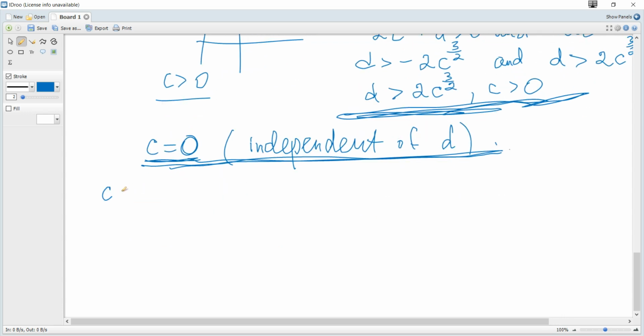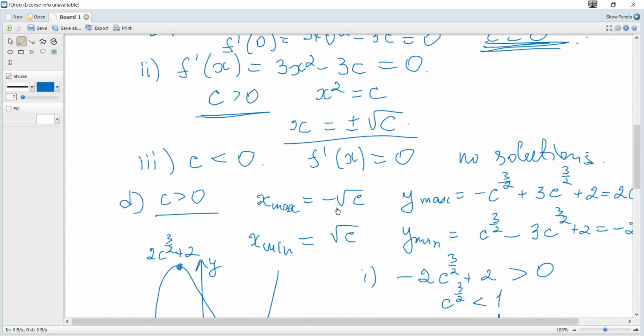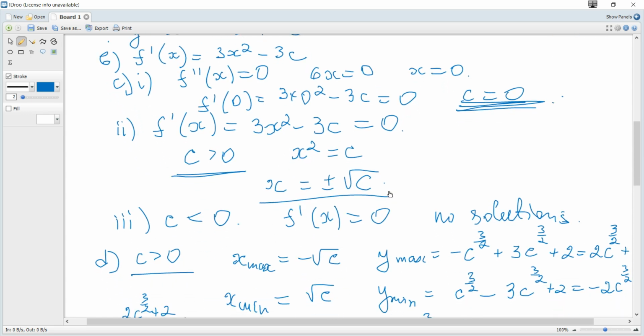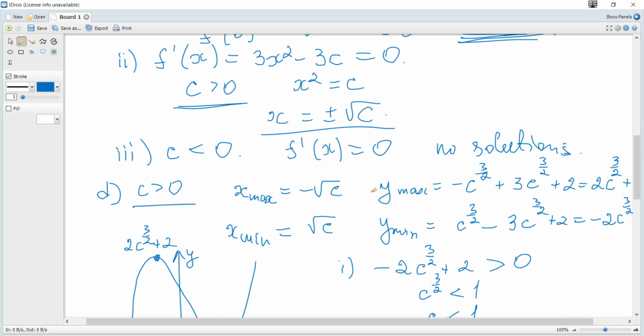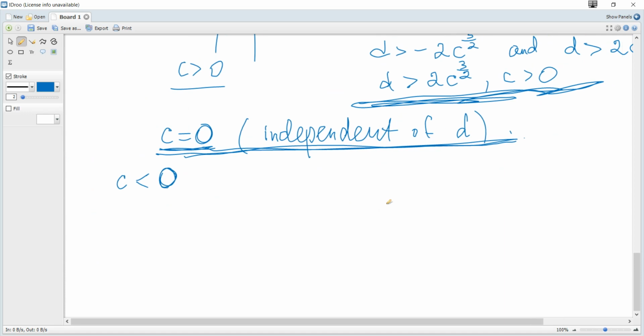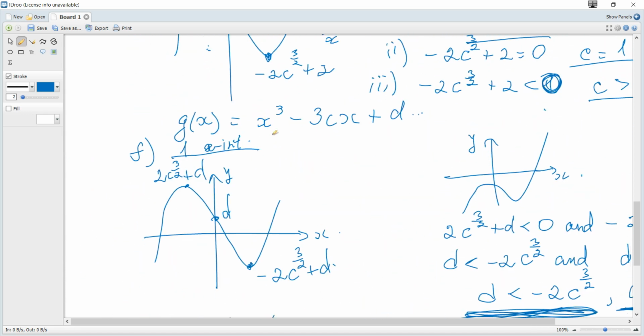And let's consider when c is less than 0. When c is less than 0, the derivative equal to 0 has no solutions, so there are no maximum and minimum points, and actually our function becomes x cubed plus the absolute value of c times x plus d.